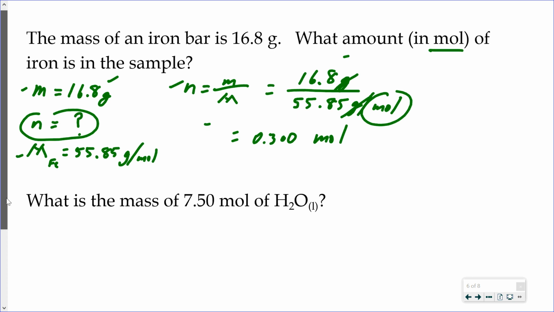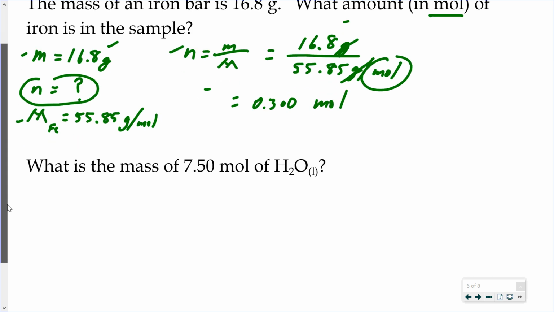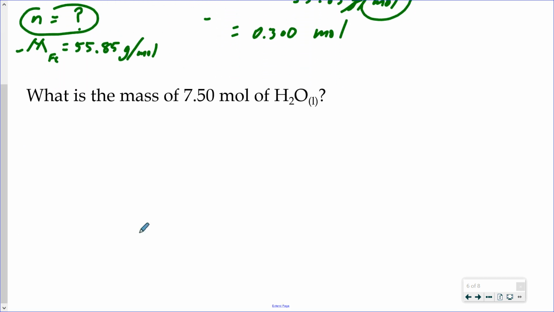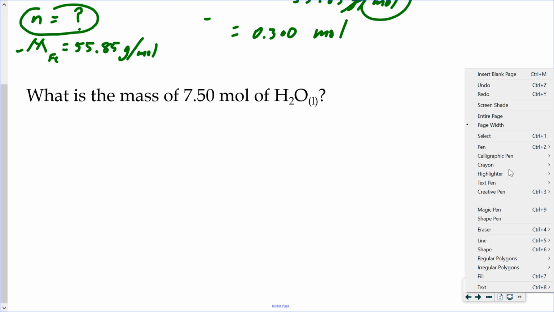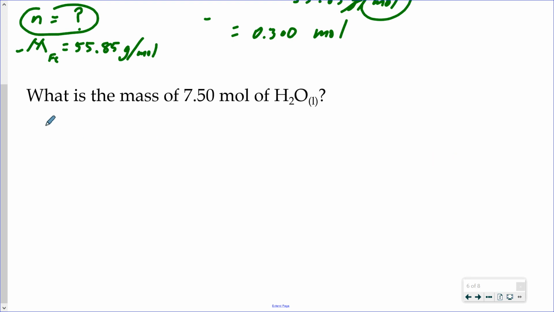What about the mass? So up here, we were asked to calculate the moles and we were given the mass. What if we're given the moles, and we're asked to calculate the mass? So this one is flipped around a little bit in terms of the equation that we do have. So we'll talk about rearranging equations, the three variable equation that we have, but let's write down what we have here first of all.